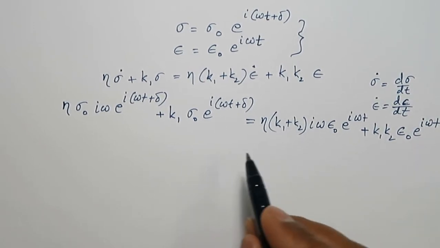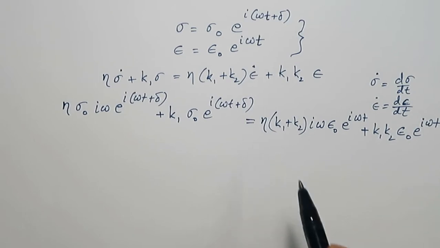This is the equation, and we will simplify it to find our relation between E1, E2 and omega.